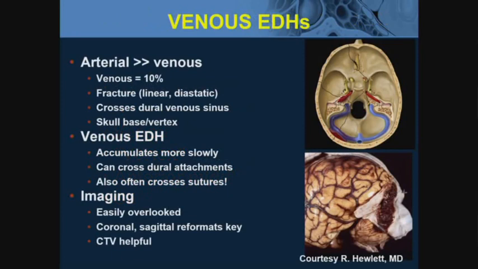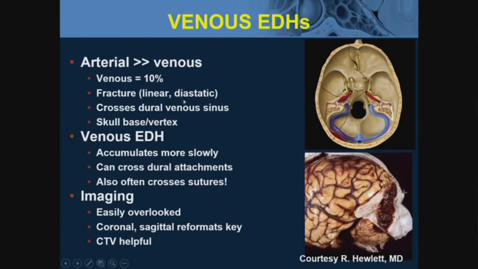So, let's look now at venous epidural hematomas. Yes, arterial are much more common than venous, but now that we have the ability to do our fast, thin-section CTs with multiplanar reformatted images, I think this is going to change because we're seeing more venous epidural hematomas, particularly in patients who have high-impact injuries and complex comminuted fractures at the skull base.